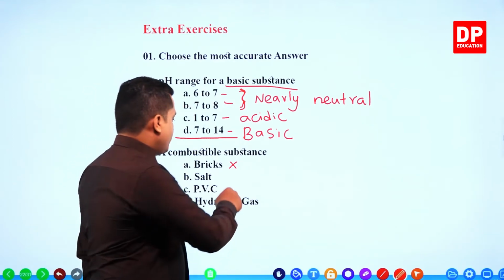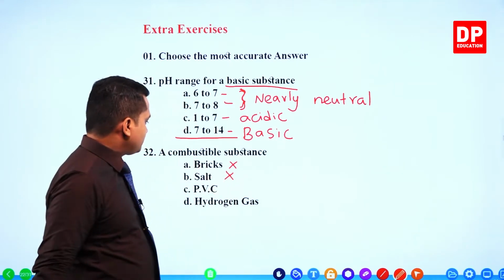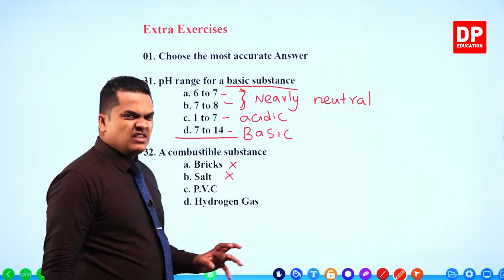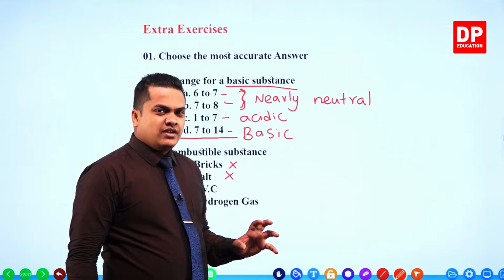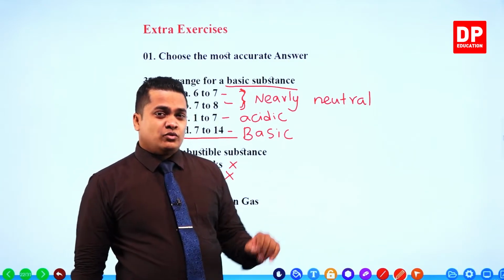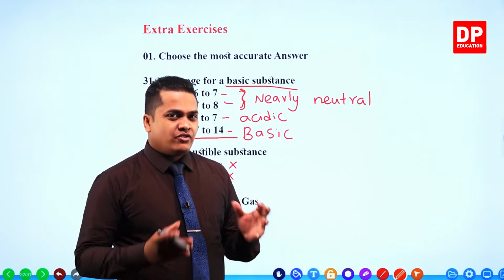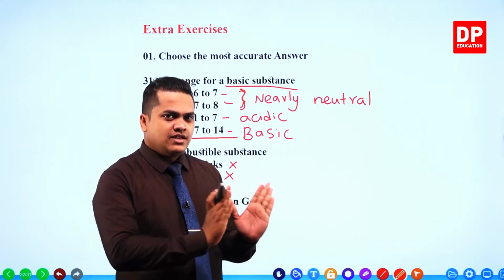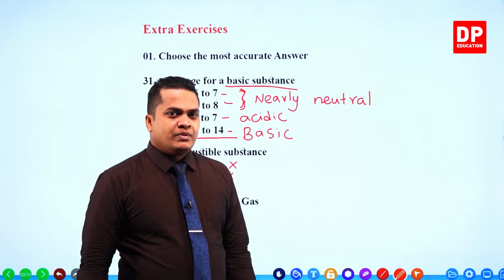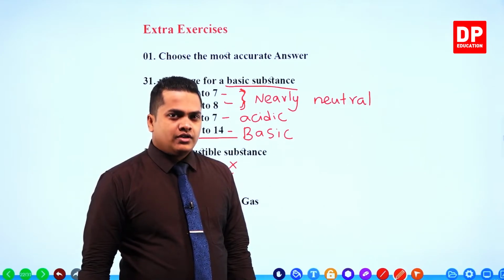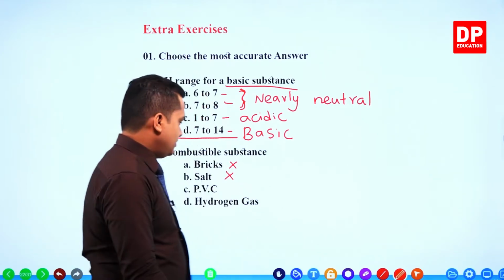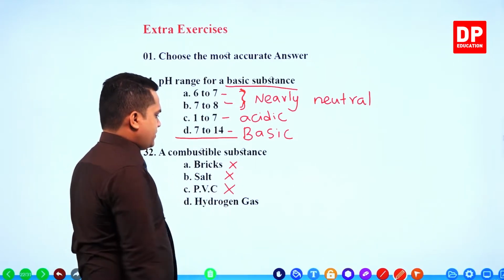Salt is also not going to burn. PVC pipes, when you heat PVC to extreme temperature, it's going to burn. However, you have to select the most accurate answer here, so PVC is also not a good response.